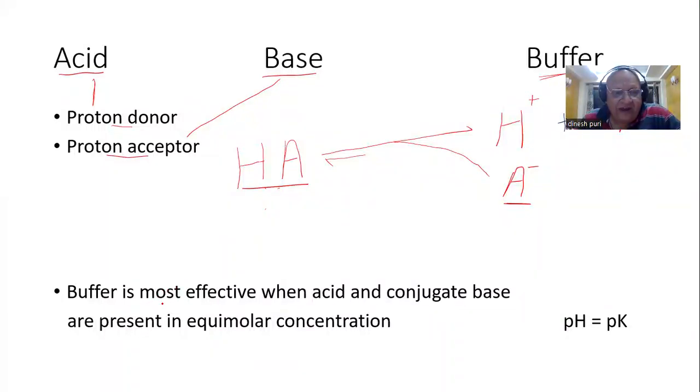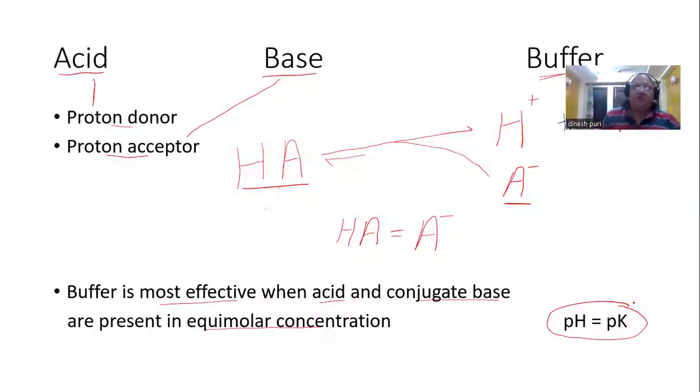And a buffer is most effective when acid and conjugate base are present in equimolar concentration, HA concentration nearly equal to A minus concentration. At that time the buffer is most effective and an important relation exists.